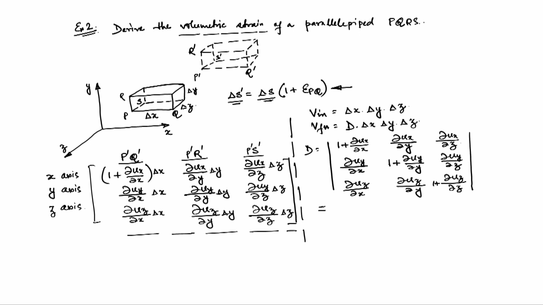And if we find out this determinant, of course, we will have 1 plus the linear variations, and then we also have higher order variations, which I am not writing, because these elements individually are very small.